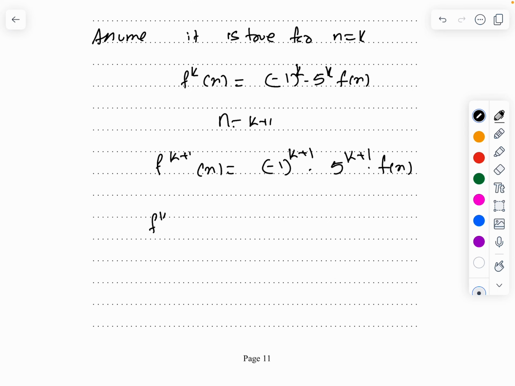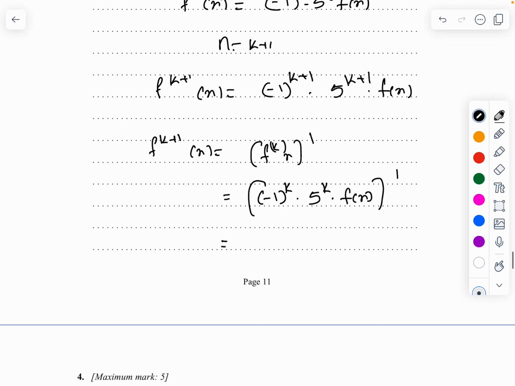So what is the (k plus 1)th derivative? Basically it is the derivative of the kth derivative. The kth derivative we have assumed as minus 1 to the power of k, 5 to the power of k and f of x. These are all numbers, so we need the first derivative of f of x, which, since we proved it for n equals 1, is minus 5 f of x.